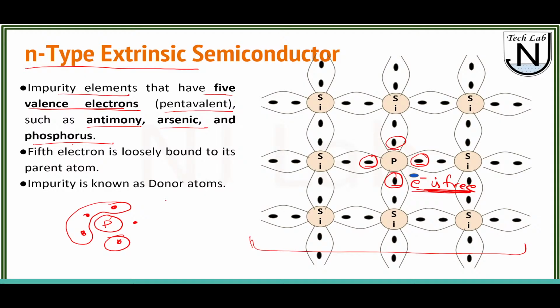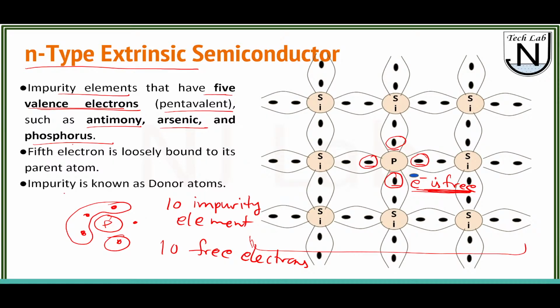It means if we add 10 impurity elements, how many electrons will we get? We will get 10 free electrons, right? And these 10 free electrons will help in conduction of the current.